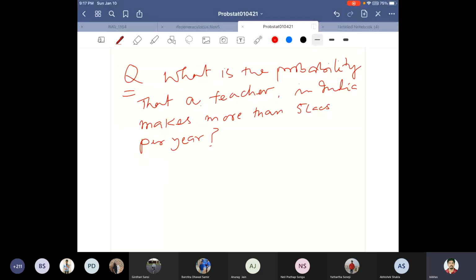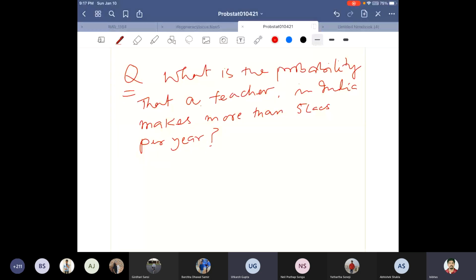Now, if I make my question much more precise, maybe I could ask, in Bihar, what is the salary of a teacher per year in an institute or in a school.